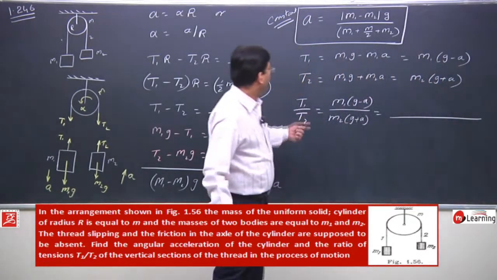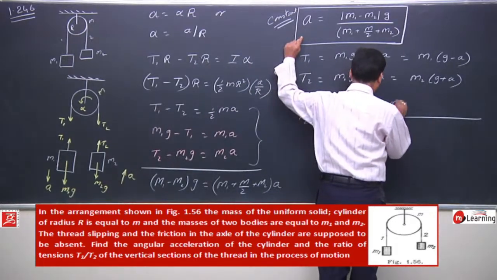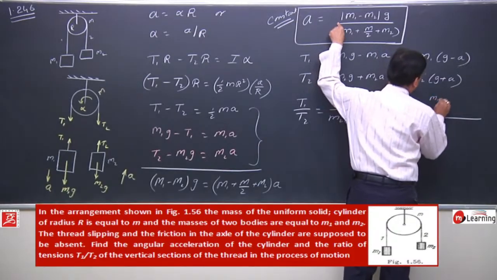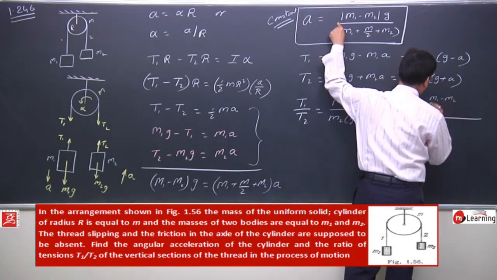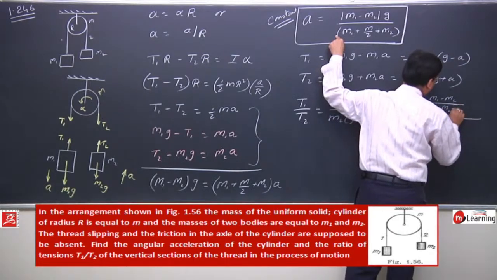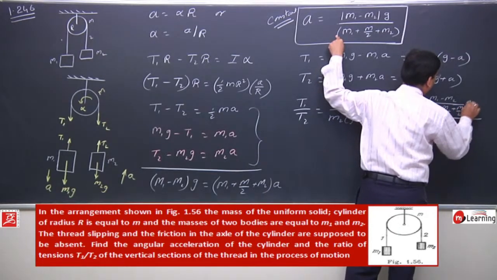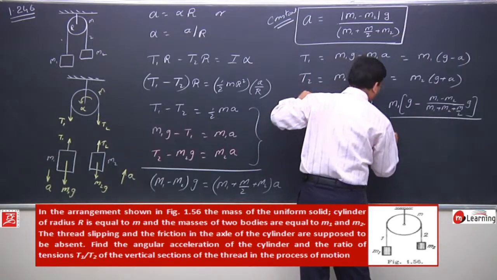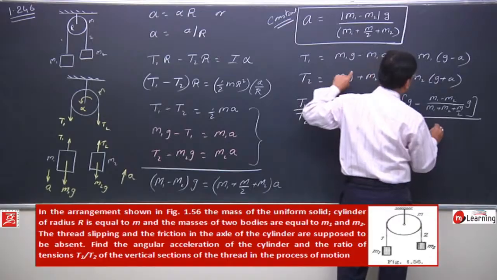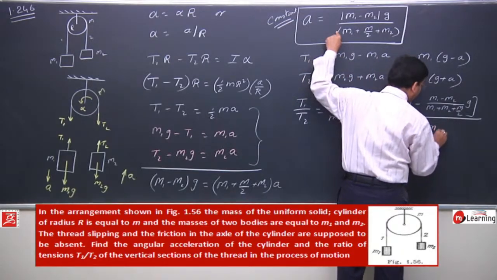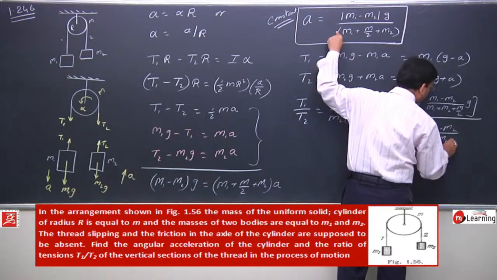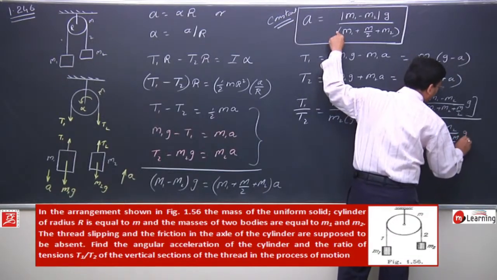And I'll substitute the values. m1 into g minus, for a I'll write (m1 minus m2) upon (m1 plus m2 plus m by 2) into g, and here m2 into g plus, for acceleration, (m1 minus m2) upon (m1 plus m2 plus m by 2) into g.